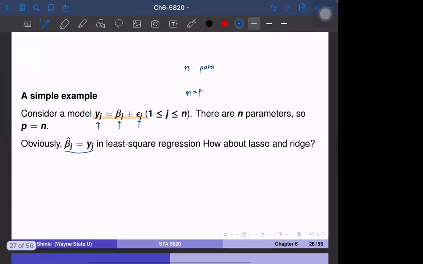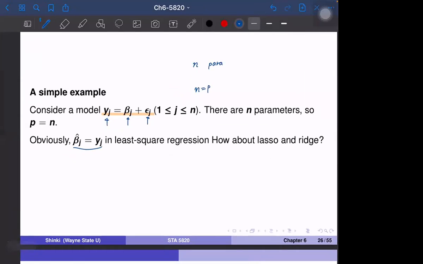In this case, to be exact, yj is beta 1 times the indicator variable for j equal to 1, plus beta 2 times the indicator variable of j equal to 2, up to beta n times the indicator variable of j equal to n, plus epsilon j.